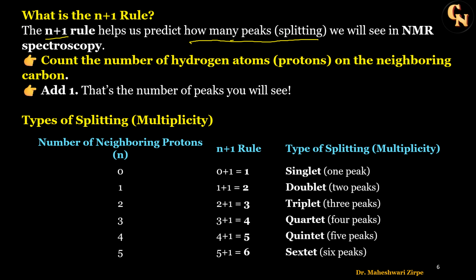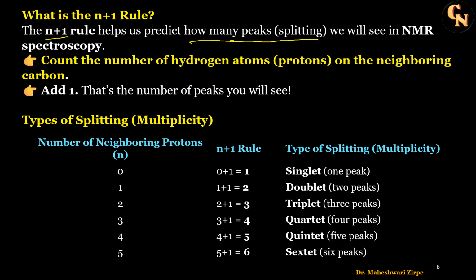Now one by one, let us understand. Count the number of hydrogen atoms or protons on the neighboring carbon. So the first thing you have to do is count the number of protons on the neighboring carbon. Then suppose there are two neighboring protons, add 1 to it. So 2 plus 1 is 3. See how the splitting takes place; you can see this table.